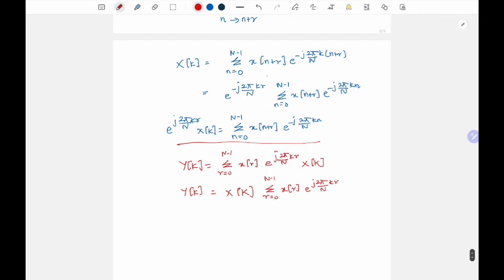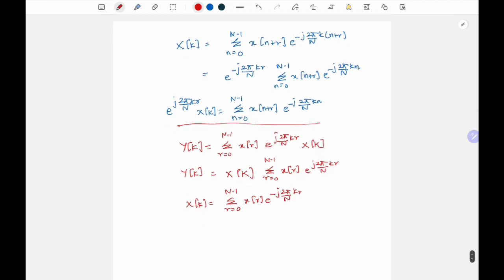So now again I take this x of k equation. I'll write it in terms of r because here I have a summation of r, minus j 2 pi by n into kr. But here I have plus, so what I have to do? I can take a minus here, but I don't want to do it like that right now. So I will take x conjugate of k and use the fact that my x of n is real.